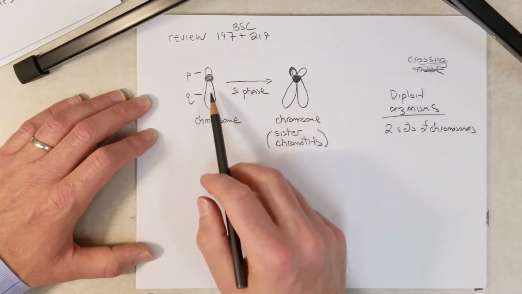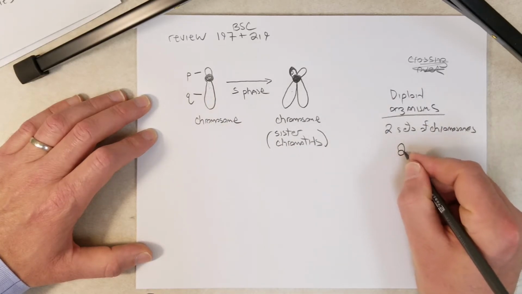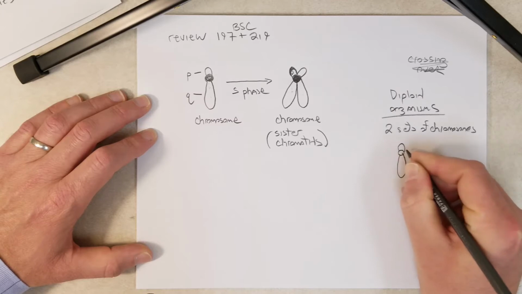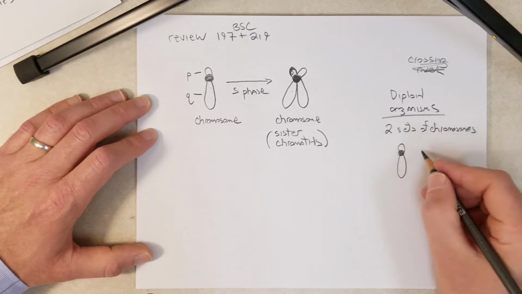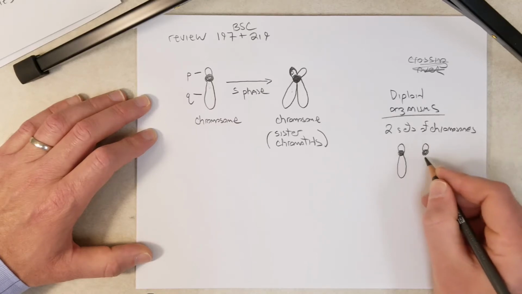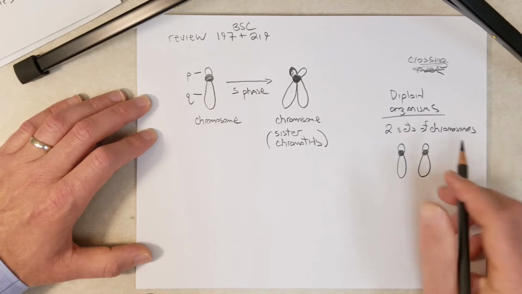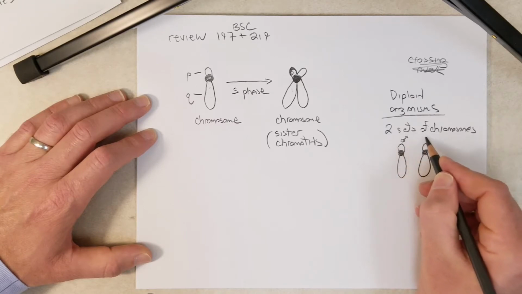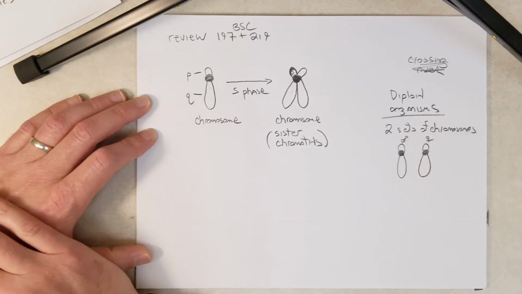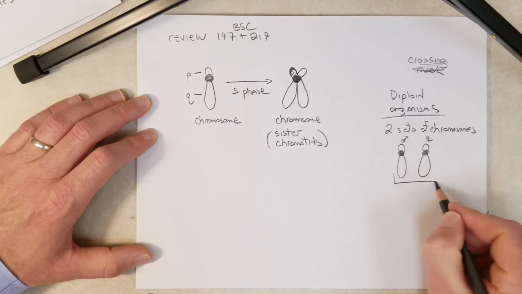So if I diagram, say, this chromosome over here, and this is a chromosome in a diploid organism, most cells are going to have another copy of that chromosome. All cells except for the gametes, right? So we can say this one is inherited from dad, this one is inherited from mom. And these are homologous chromosomes.